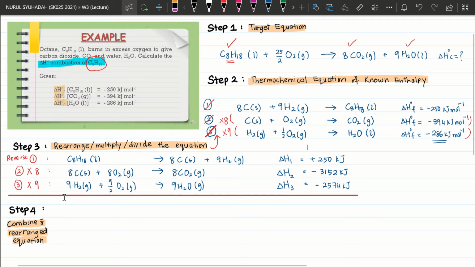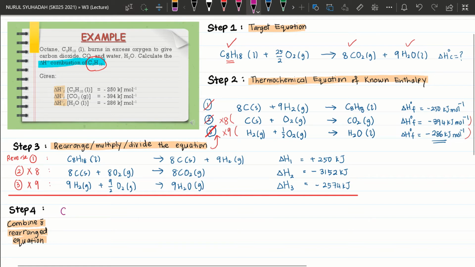What you need to do right now is try to cancel out the compound that is the same on the left hand side and the right hand side. So what do I mean by that? C8H18. Do you have anything here on the right hand side? If there's no same thing on the right hand side, write it down back.